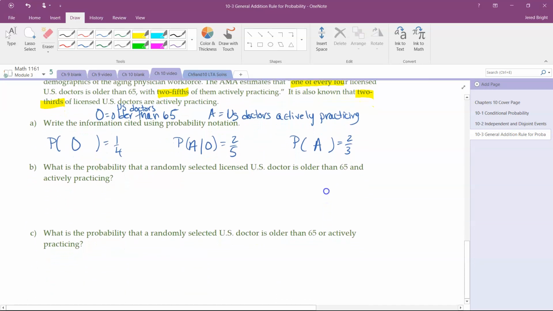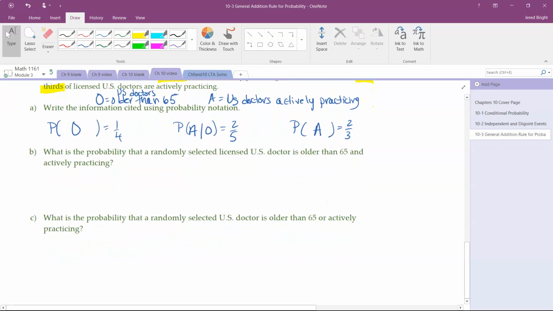For the next one, we want to compute the probability that a randomly selected licensed U.S. doctor is older than 65 and actively practicing. So O and A. We want to use the definition of conditional probability.